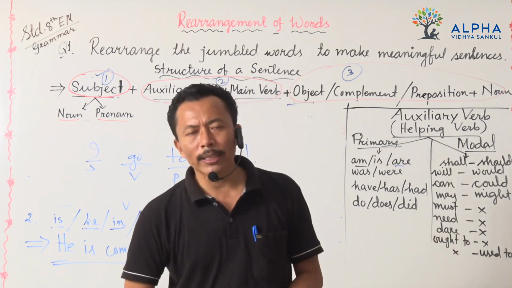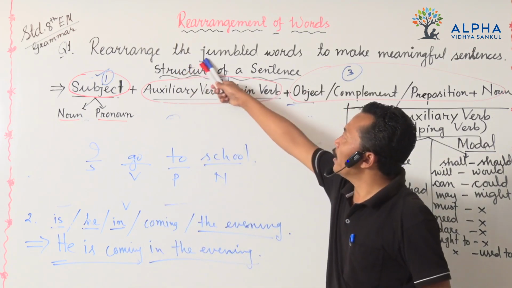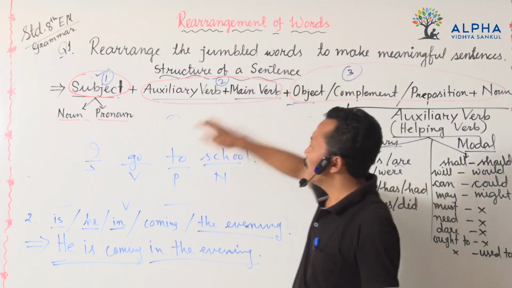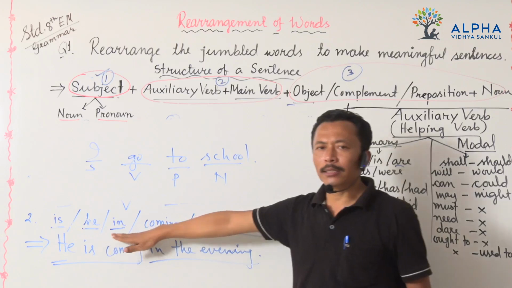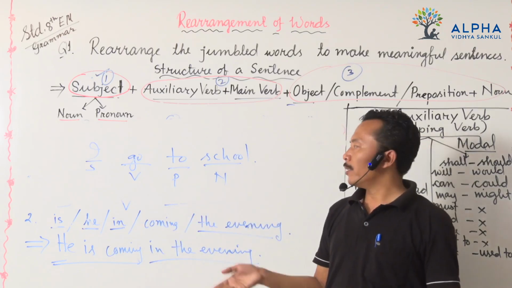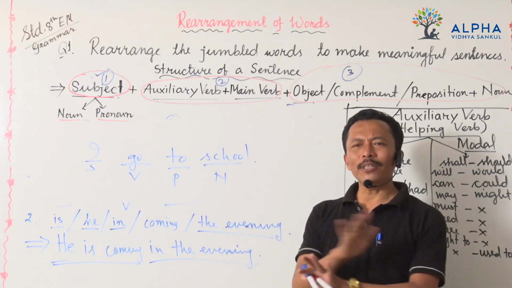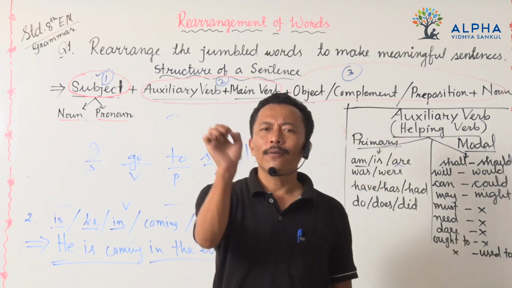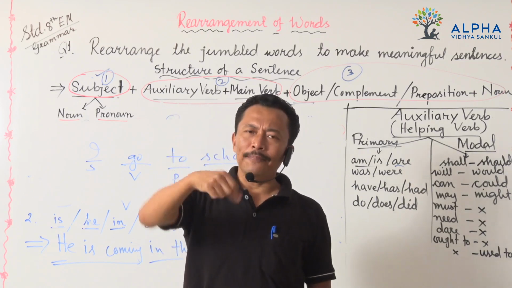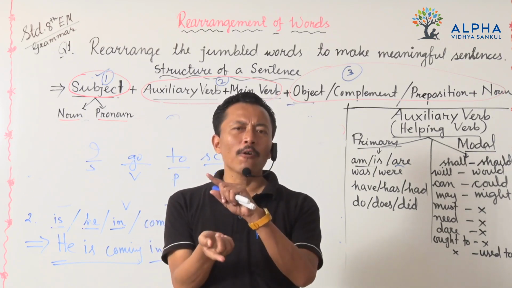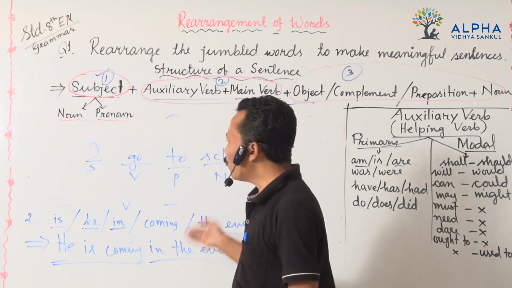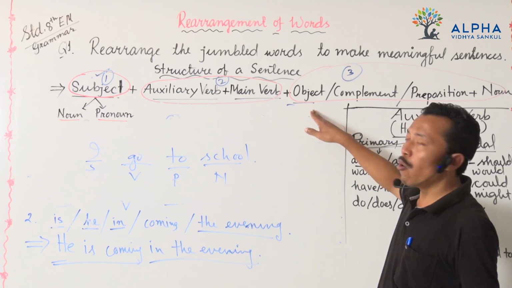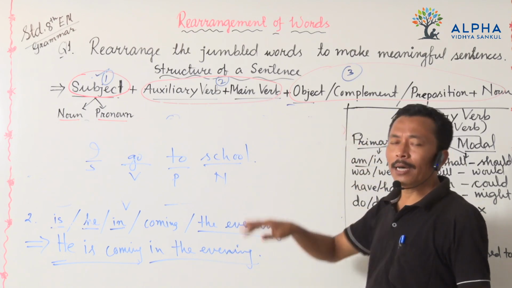So in this way, students, we can rearrange the jumbled words to make a meaningful sentence. In the exams, the questions will come like this. They will give these words in a different order, totally jumbled. Then we have to find out the subject, verb, and then object or complement or adverbs, and arrange according to what I taught you. But we need more.